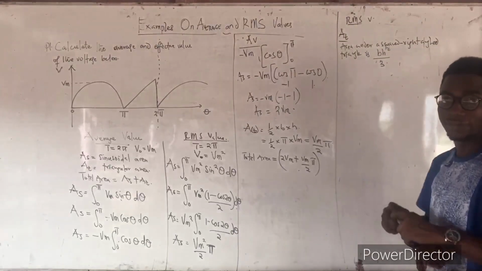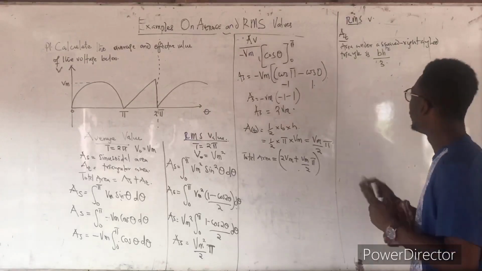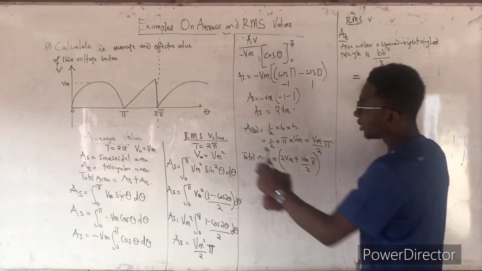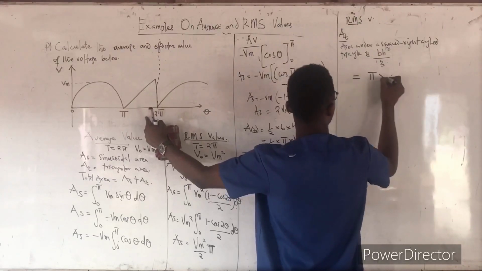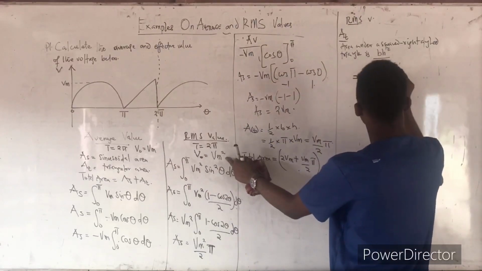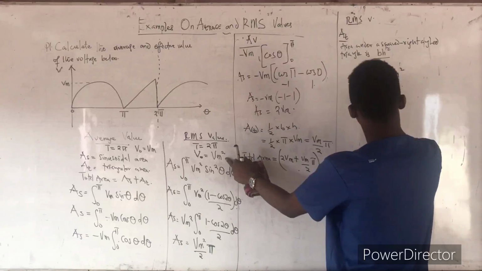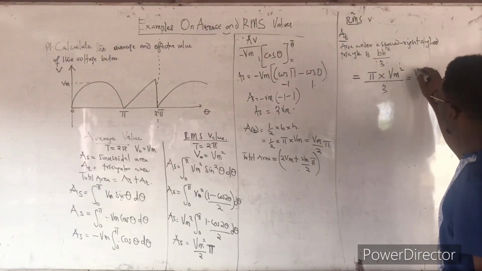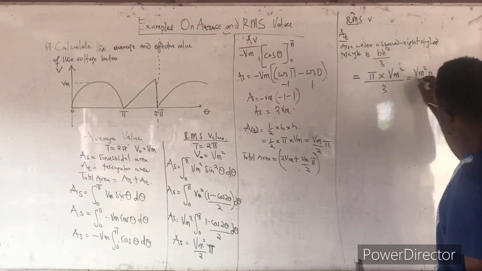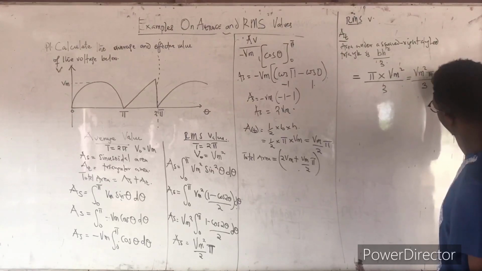We've established this fact already. So now if the area is that, then the base here is still pi, times the height, which is Vm squared, all divided by 3. So therefore, the area under it is Vm squared pi on 3.